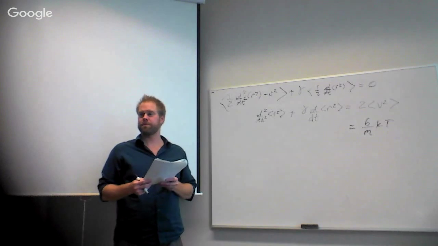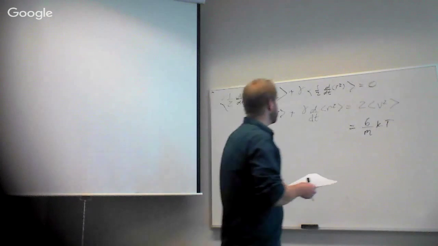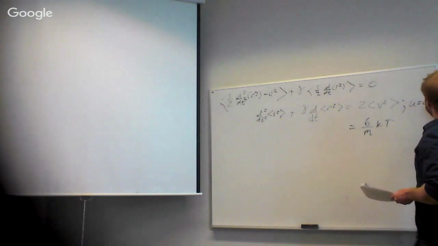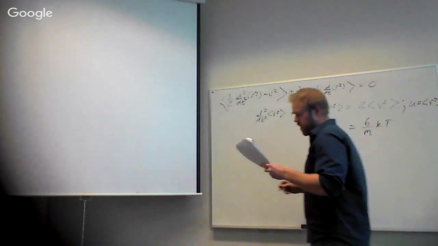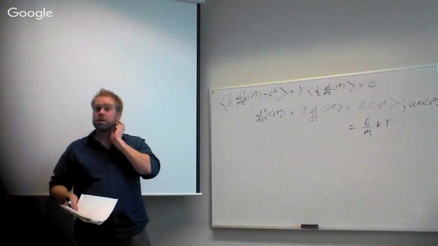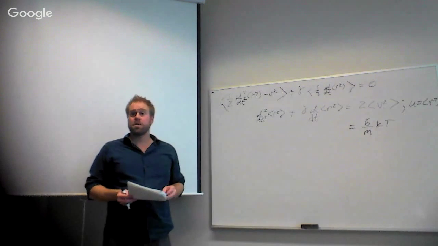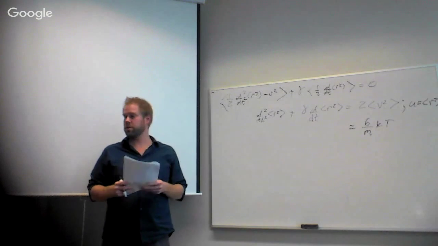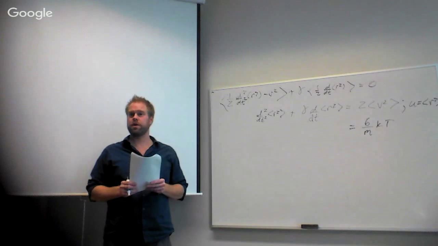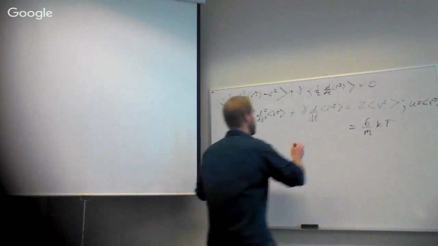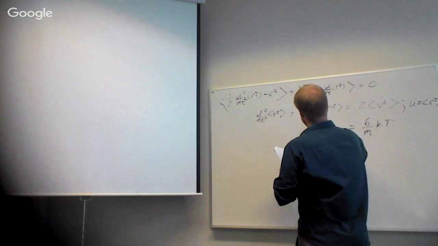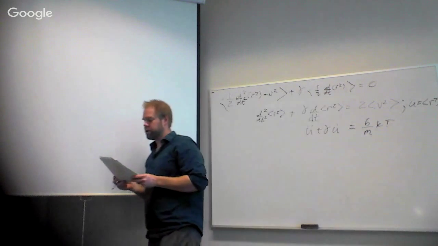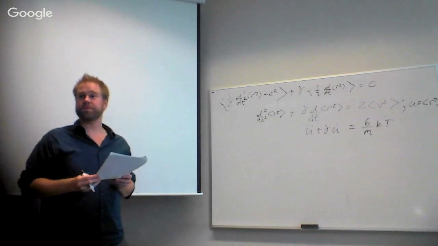And then let's also define U equals the average r squared. And so now we have U double dot plus gamma U dot equals 6 over m kT.